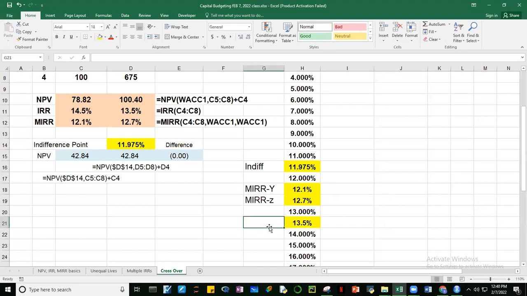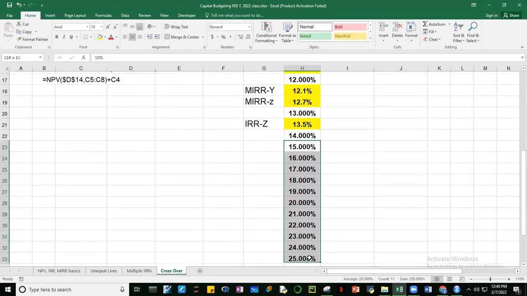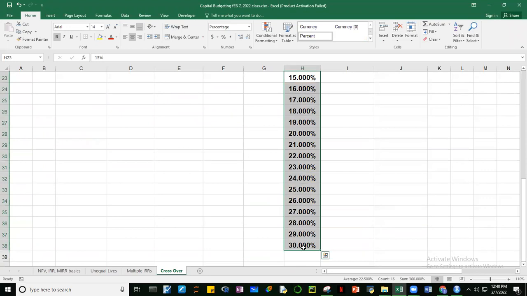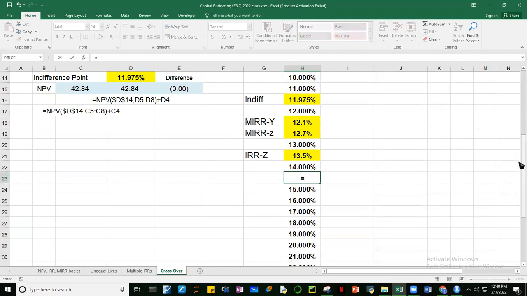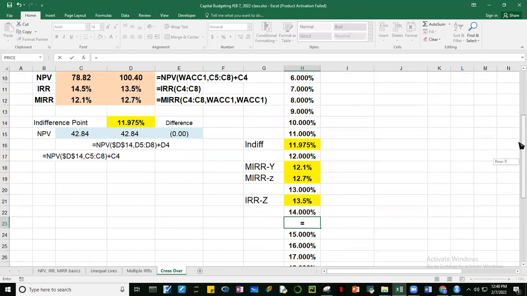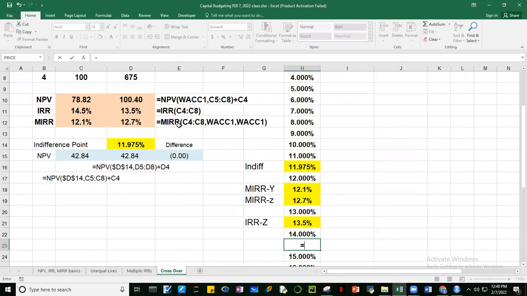And then last, 14.5, and we're putting it after 14%.